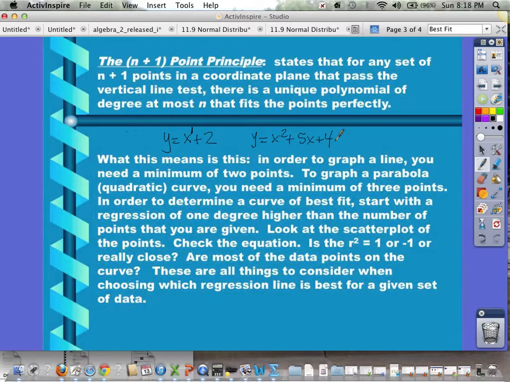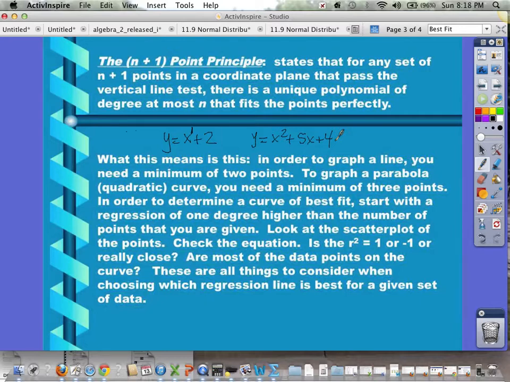Otherwise, it could be just a line. You need to have that third point to show possible curving of a line. So what the n plus 1 principle means is that for every degree polynomial, you want to try a regression line of 1 degree higher so that you can possibly have all the points fit on that graph.